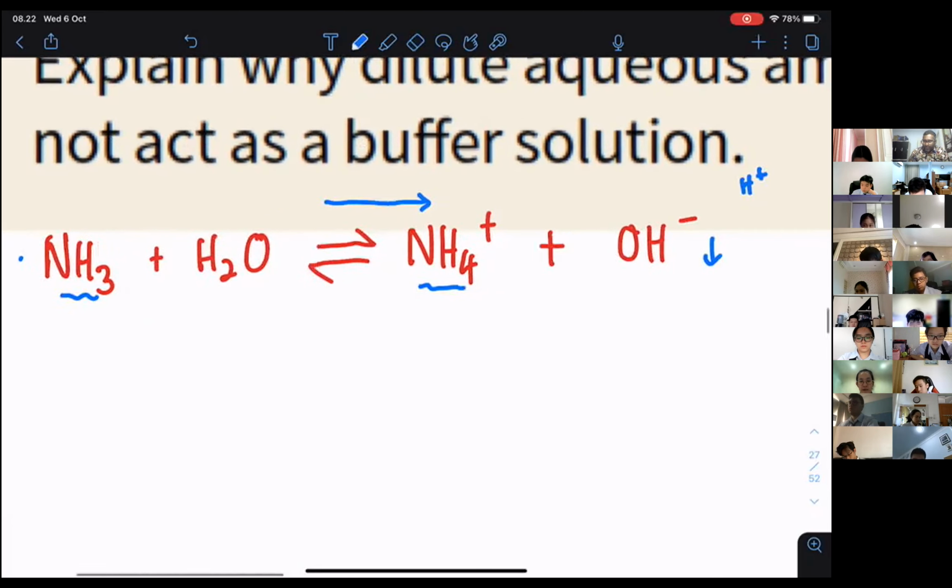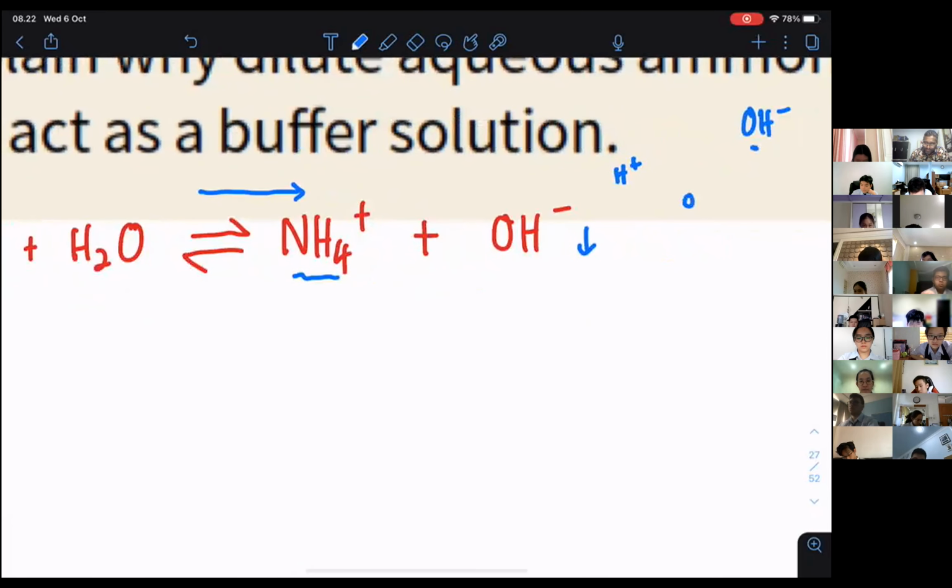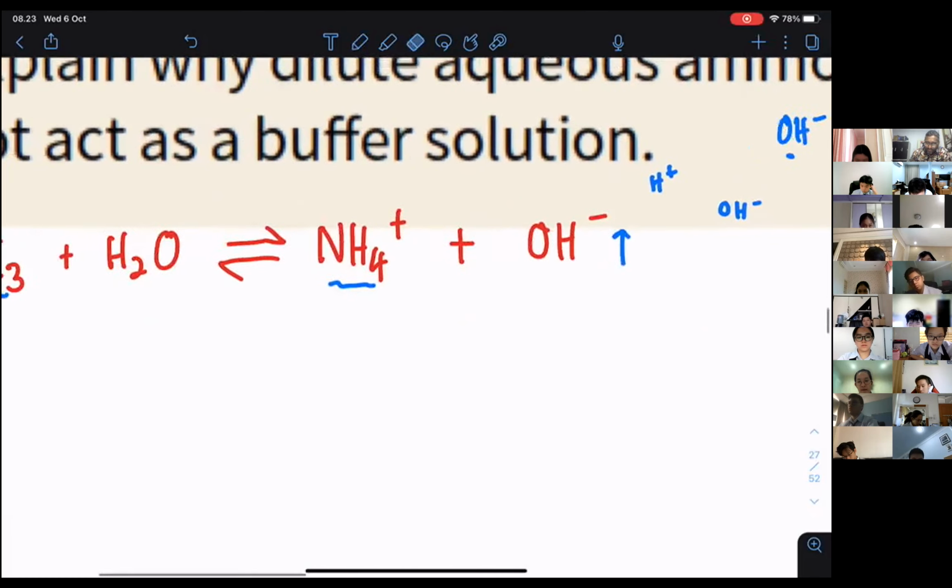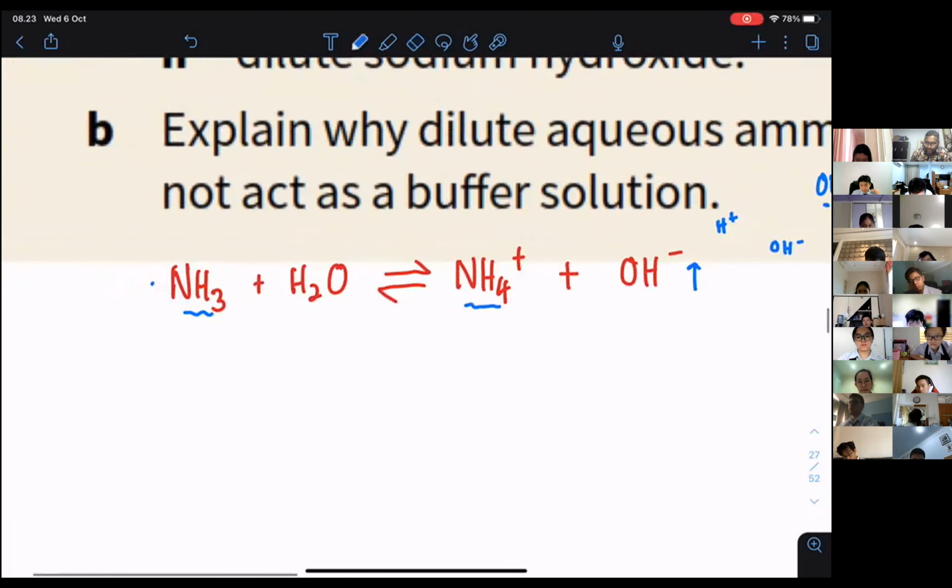But when you have OH minus, this OH minus will increase. What will happen over here is the OH minus is supposed to go to the left. Then there is a problem.